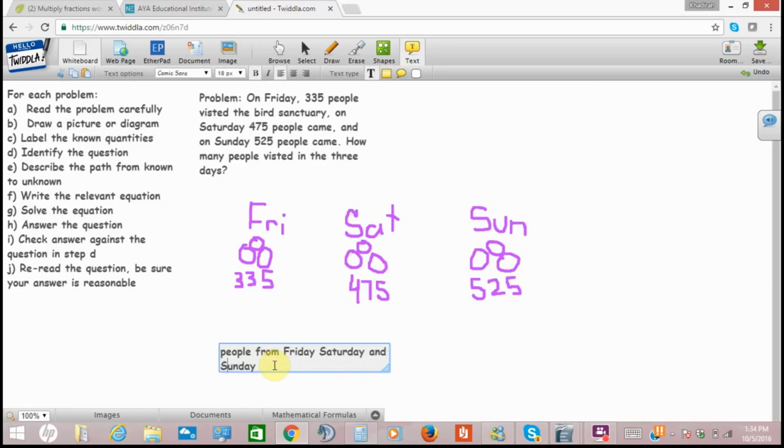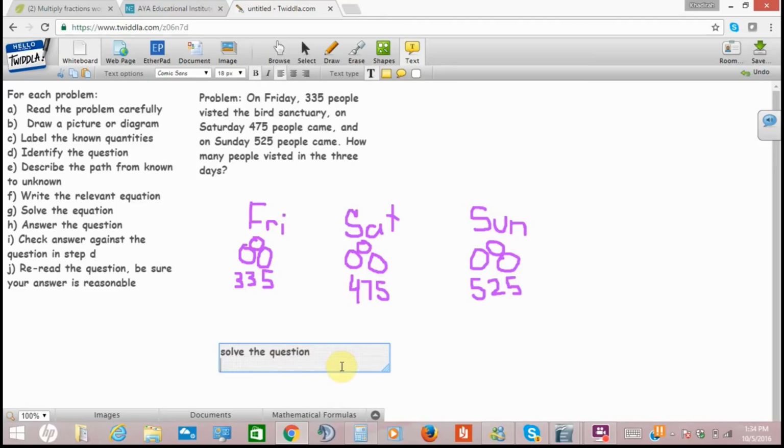Make sure it's the capital S, since that's a day. You will add the people from Friday, Saturday, and Sunday. And that is how you will solve the question.